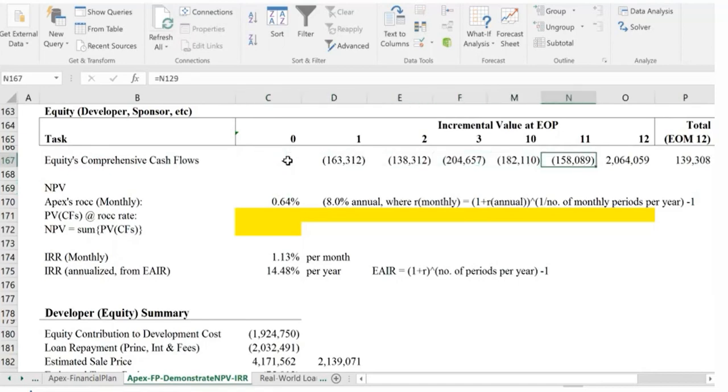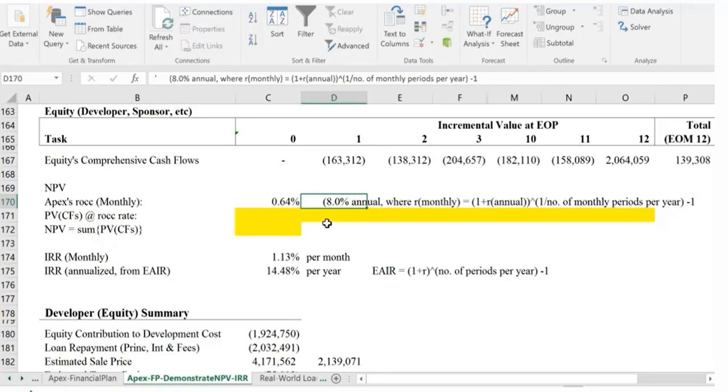So that's our net cash flow that we assume happens at the end of each month. And to compute the NPV, I need to know the sponsor's opportunity cost of capital in monthly units. We were given up above that their opportunity cost of capital in annual units was 8%.